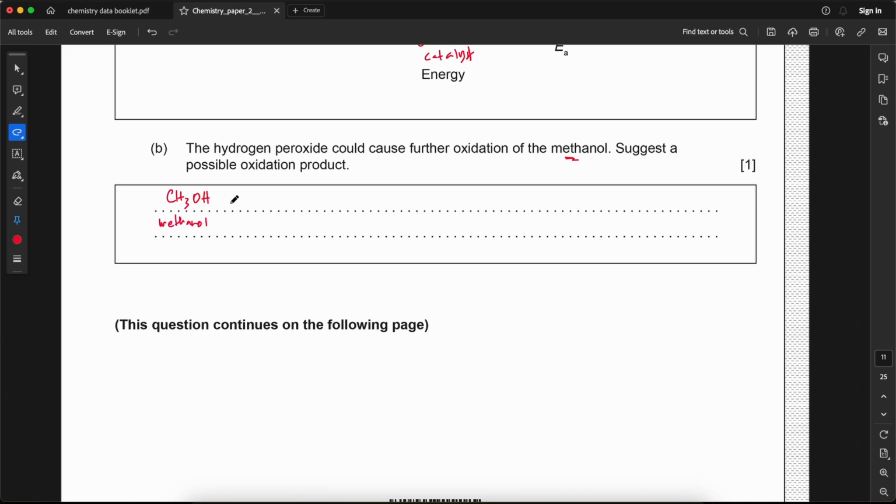So when it is oxidized, it will produce an aldehyde, which is methanal, HCOH. And if you oxidize more, it will form methanoic acid, which is HCOOH. This one is the answer.